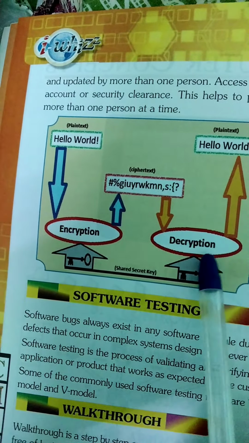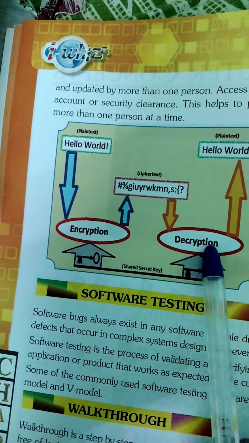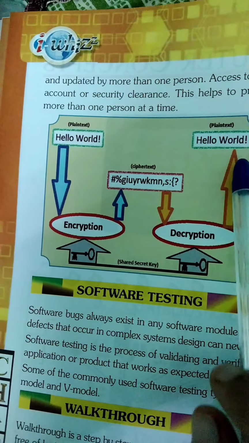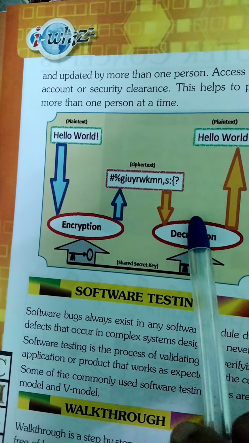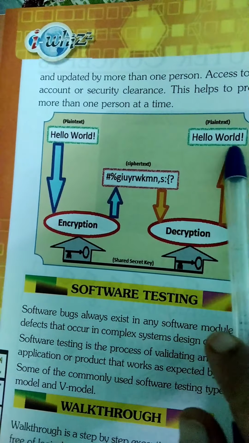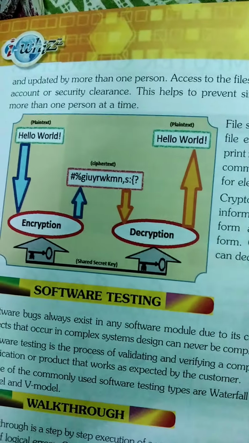That person will decrypt the data, that is, the encrypted data will be decrypted, and then the data can be viewed. This can be done only with the help of the secret key. Only the person who has the secret key is able to decrypt the information and see the data. This concept is called cryptography.